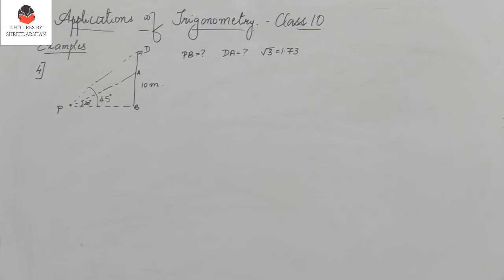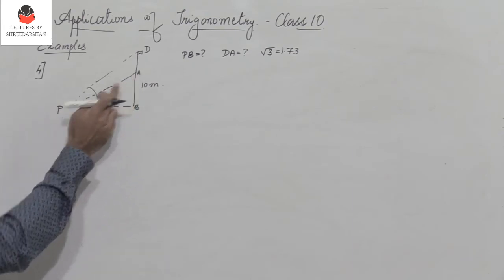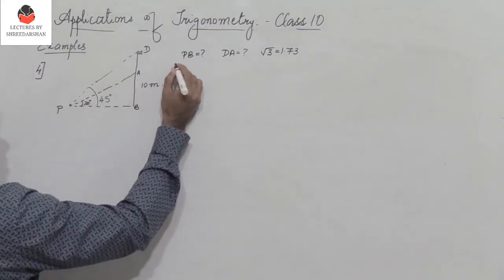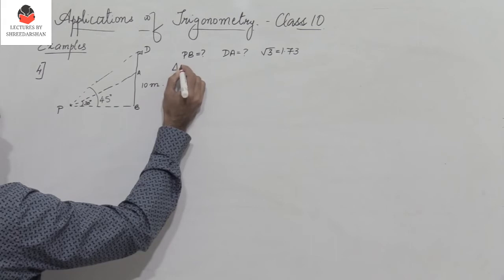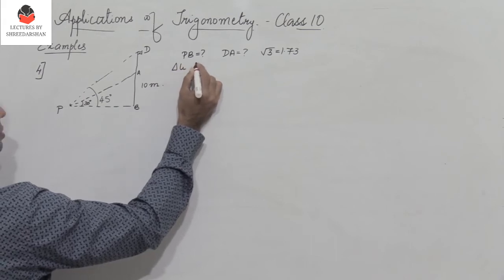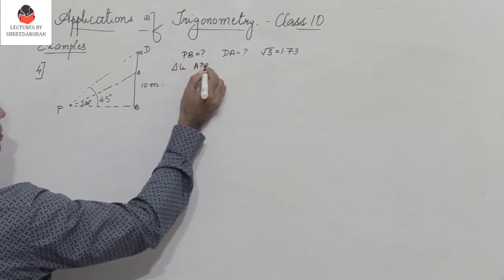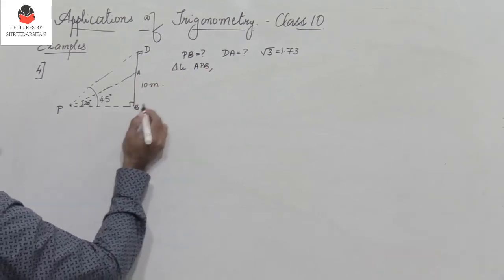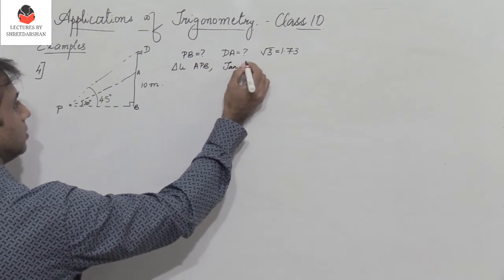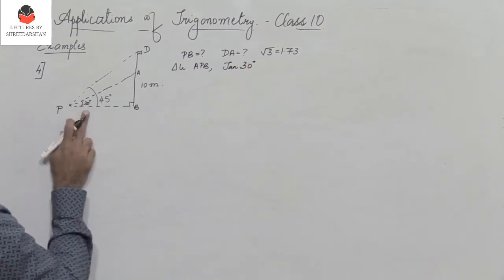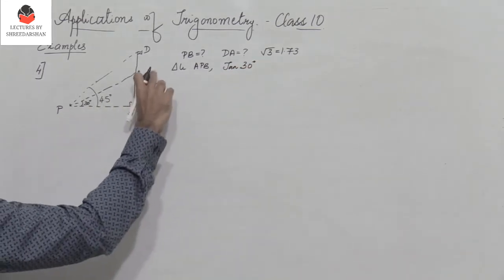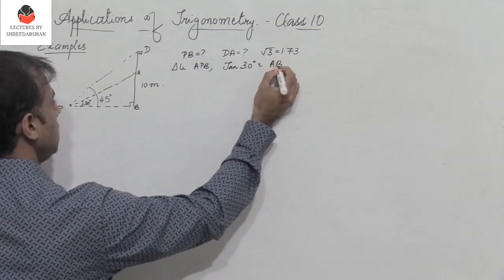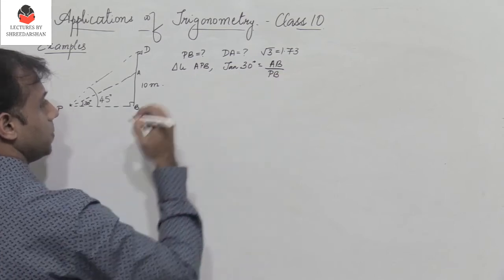So this is 30 degrees. Angle APB is 30 degrees. If I consider the right angle triangle APB, and take tan 30 degrees, what is tan 30 degrees? It is the opposite side by the adjacent side, which is AB divided by PB.